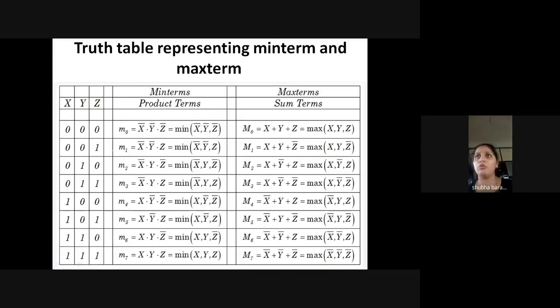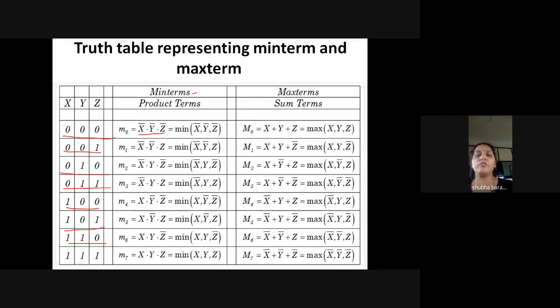See how here they have written 0: 0, 0, 0, 0, 0, 1, 0, 1, 0, 0, 1, 1, 1, 0, 0, 1, 0, 1, 1, 1, 0 and 1, 1, 1. So in min terms, I would write 0, 0, 0 as x bar, y bar, z bar. 0 is written in the complemented form.